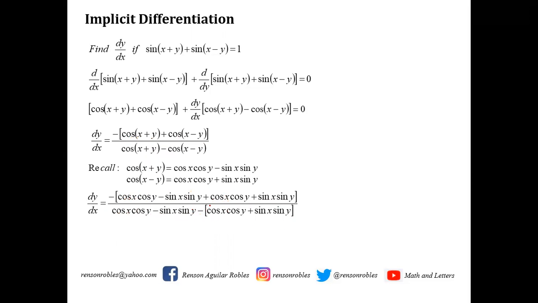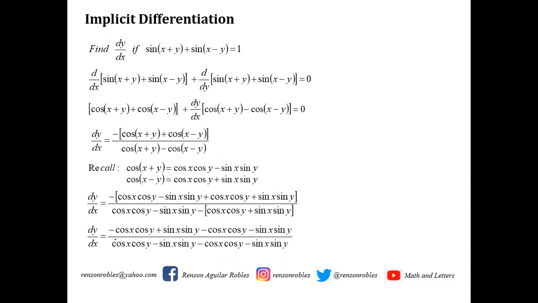And then removing the grouping symbol, we shall distribute this minus 1 to each term inside the bracket, and you do the same here. Distribute this minus 1 to each term inside the bracket. And then collecting similar terms, you can see that sin x sin y and negative sin x sin y will become 0.